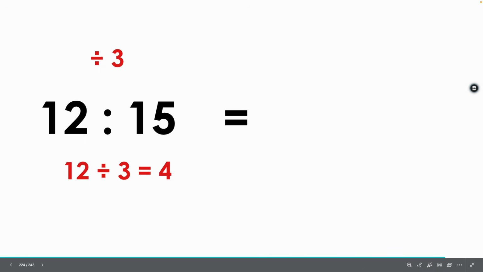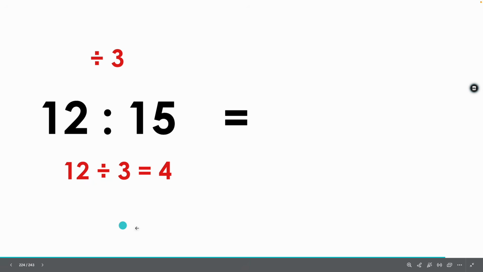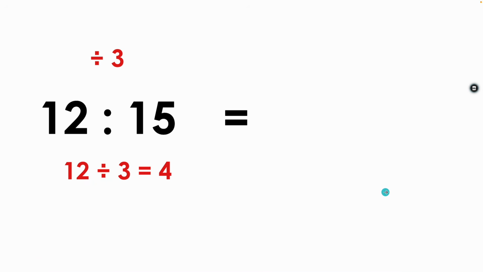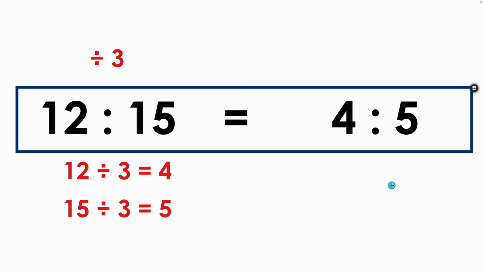So, we are going to divide them by 3. 12 divided by 3 is 4, and 15 divided by 3 is 5. Therefore, 12 to 15 is equivalent to 4 to 5.